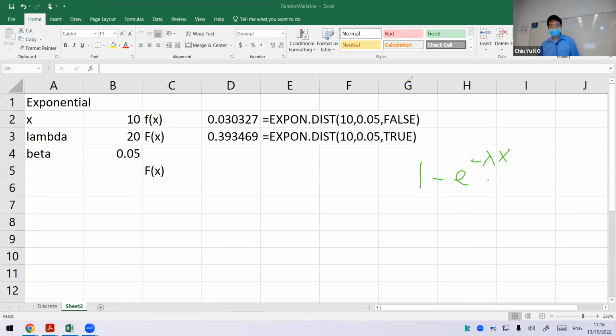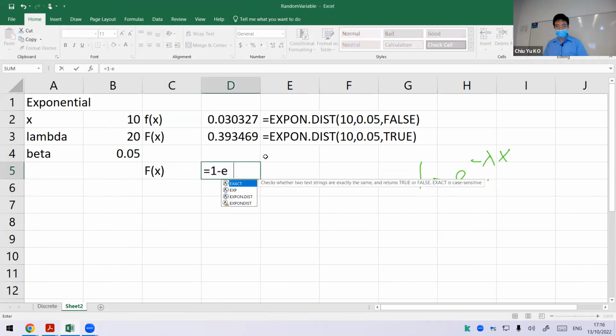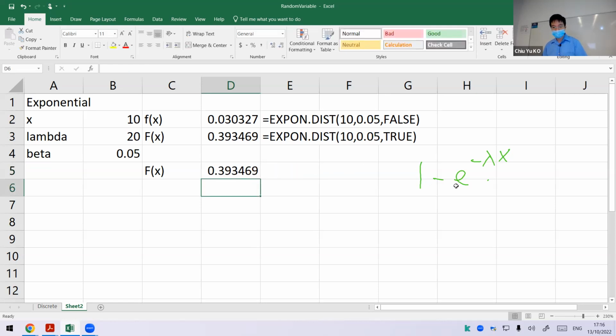So 1 minus exponential negative 20 times x, which is 10, and 1/20. Okay, so this is the same.